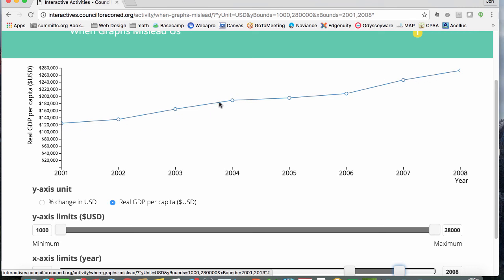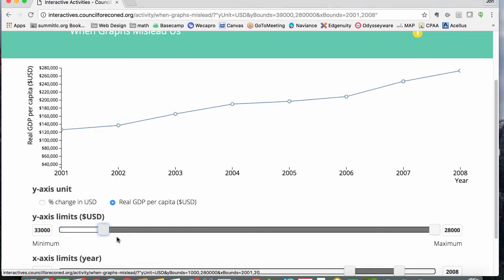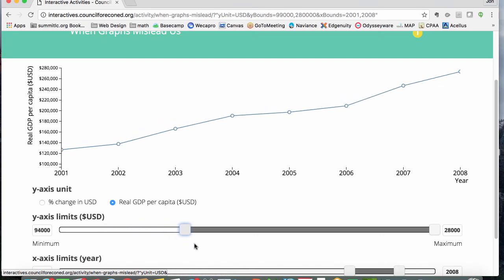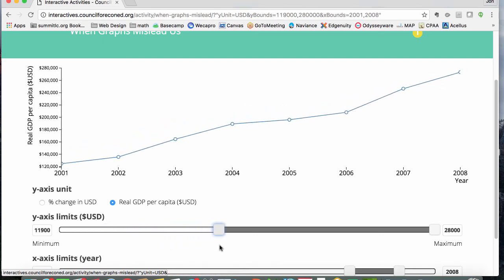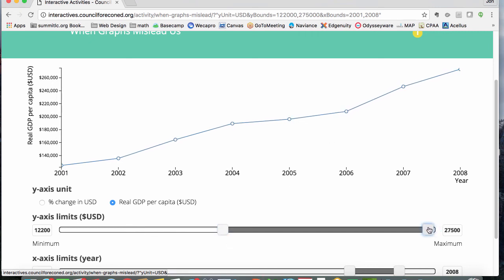Now, it still looks kind of flat, right? It doesn't look that awesome, but if I focus on some Y values, let's ignore everything up to 120,000, right? And let's bring it down. Now I can make it look much steeper.